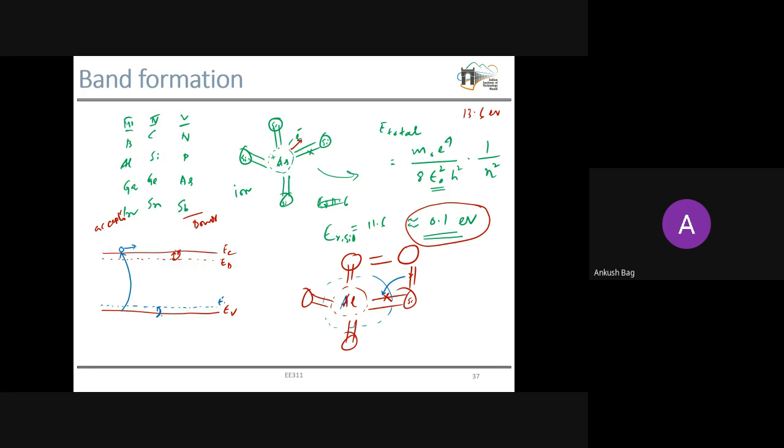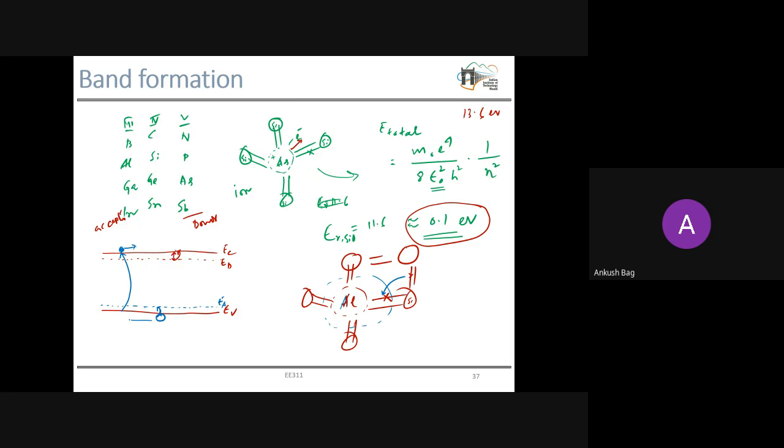But when one electron moves from the filled valence band to the acceptor level, the aluminum atom gets negatively ionized, and a vacancy is created in the valence band.